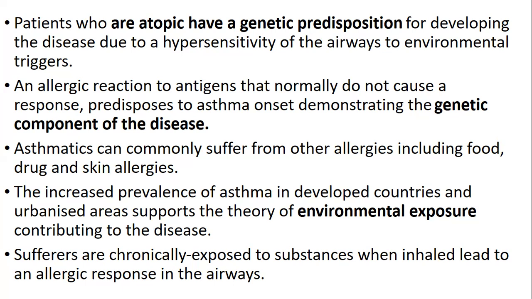Also implicated in the causation of asthma is the increased prevalence of asthma in the developed countries and urbanized areas, supporting the theory that environmental exposure is contributing to the incidence of asthma.